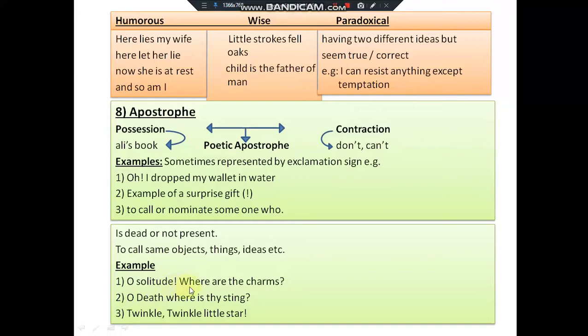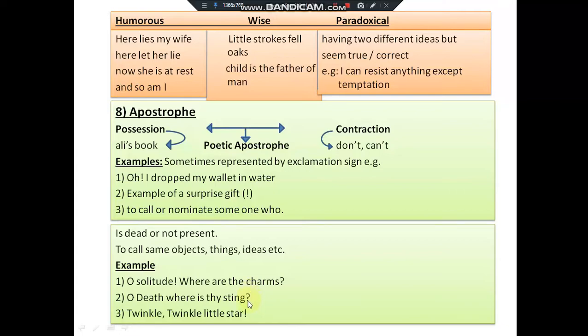The writer says, oh solitude, where are the charms? It means the writer might have felt the charms of solitude, of loneliness as well, and he is missing that. Oh death, where is thy sting? Now the writer is asking death where the sting is, used ironically, meaning where is the power of death.